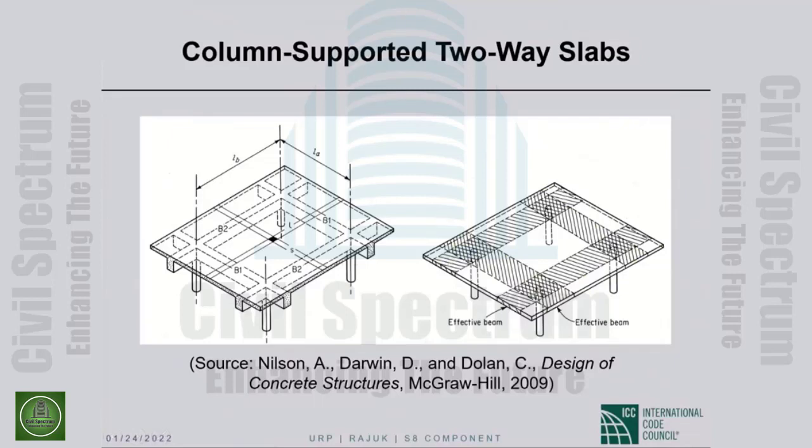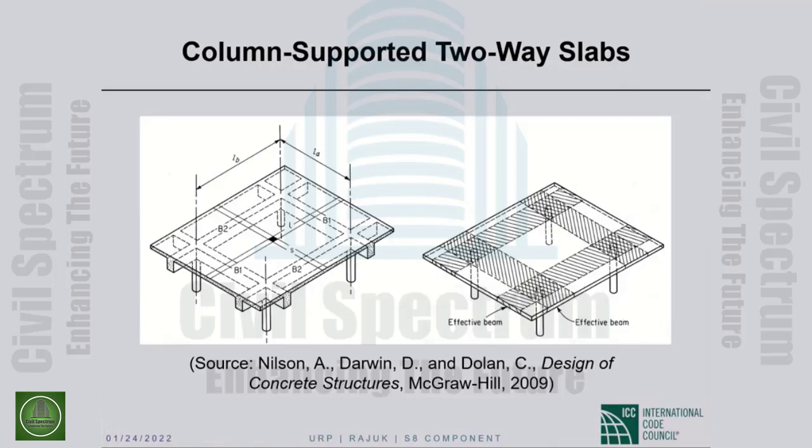Okay? Now, if you imagine strips of slab running in the left to right direction, let us say they transfer 40% of the slab load. Okay, and those column strips transfer the other 40%.